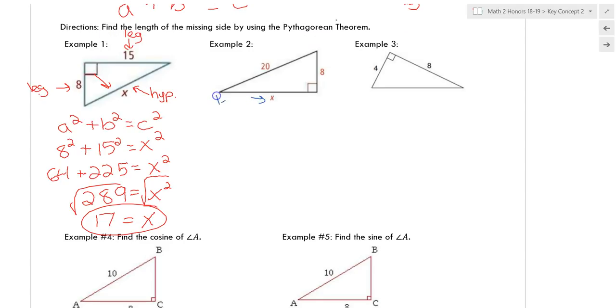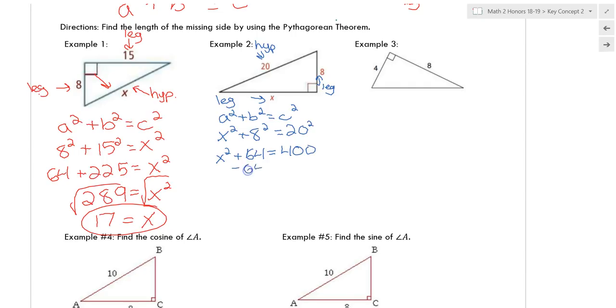So this is a leg. So I have a squared plus b squared equals c squared. That's a leg, so x squared. My other leg is 8 squared. So I have x squared plus 64. 20 squared is 400.